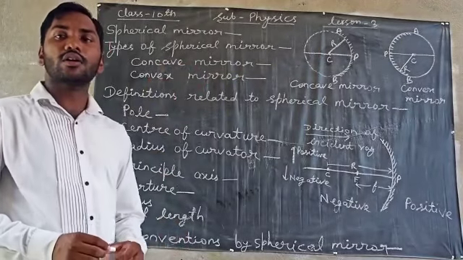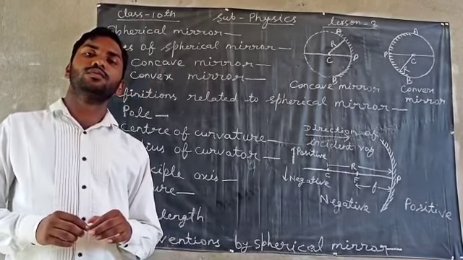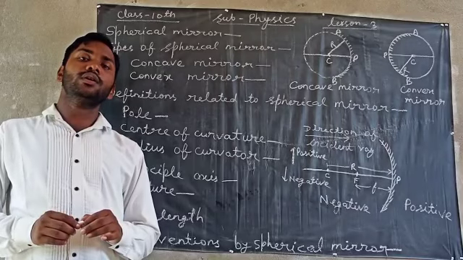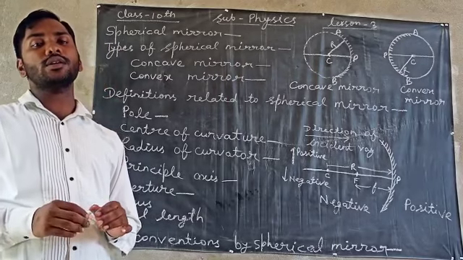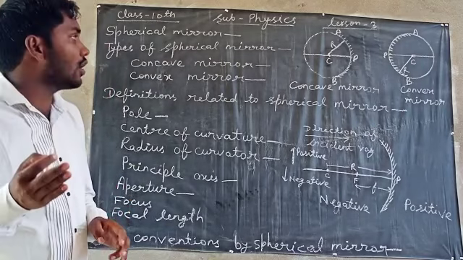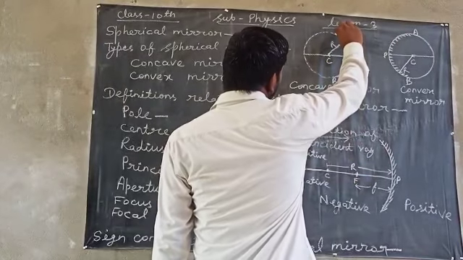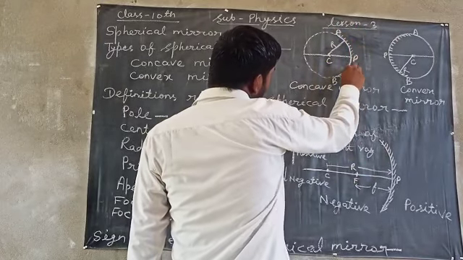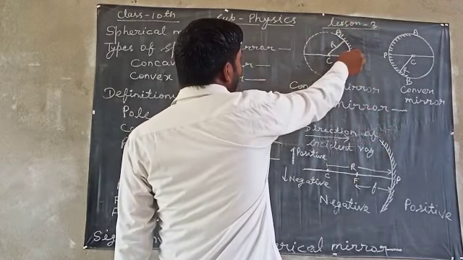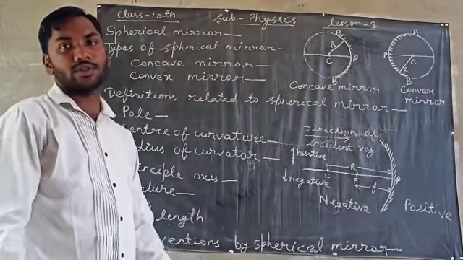First of all, the concave mirror. If light is reflected from the inside of the sphere, that is called a concave mirror. In this figure, you can see the outer side is polished, so light will be reflected from the inside of the surface.